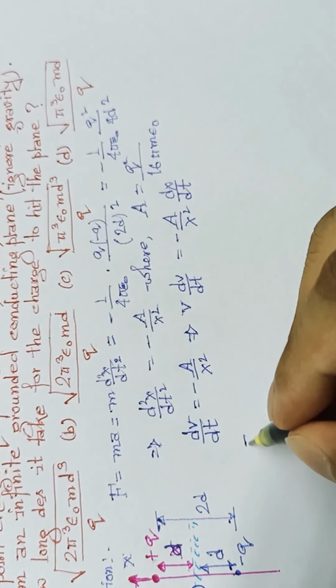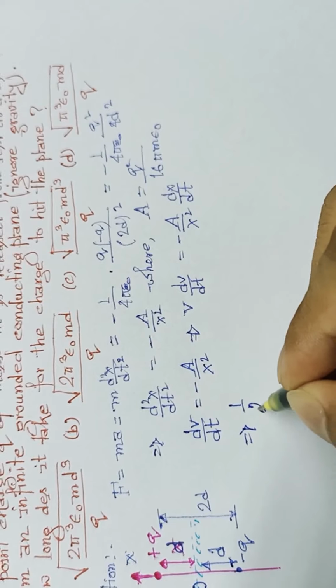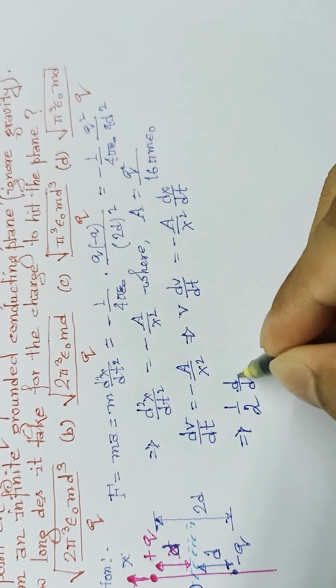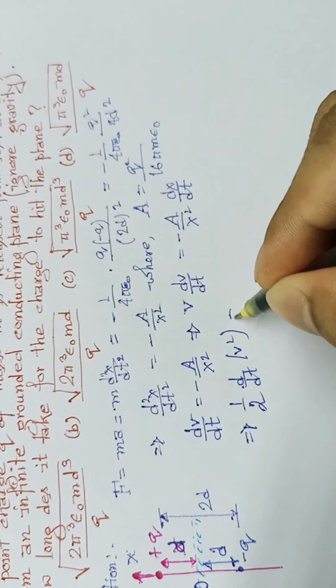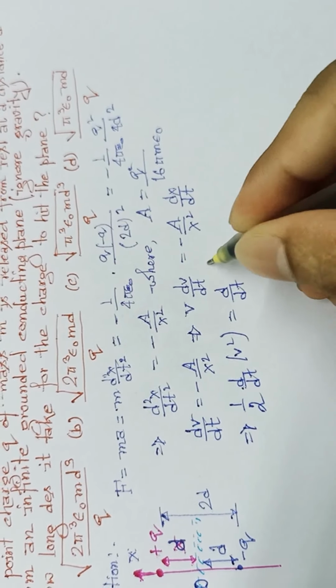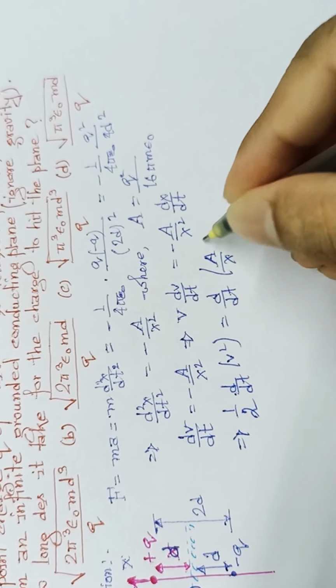Therefore half into d dt of v square will become d dt of a divided by x.